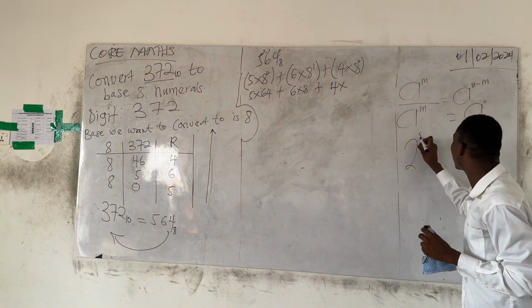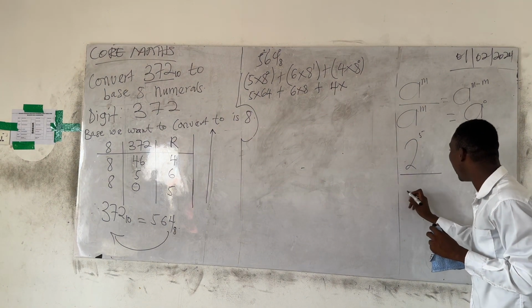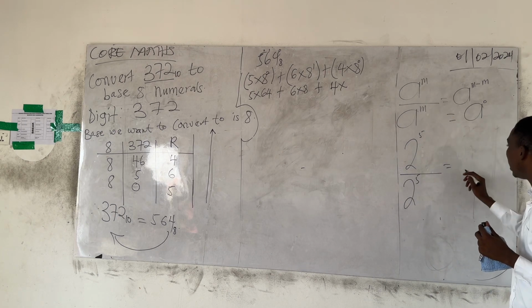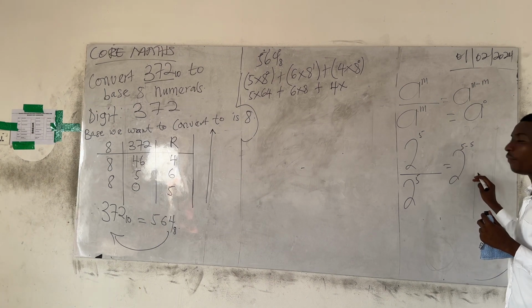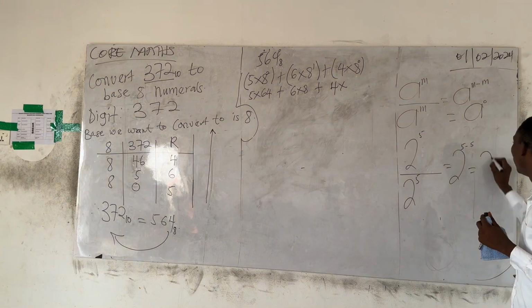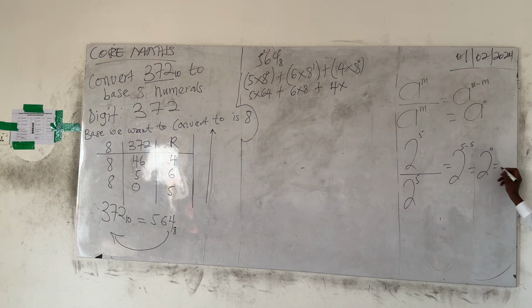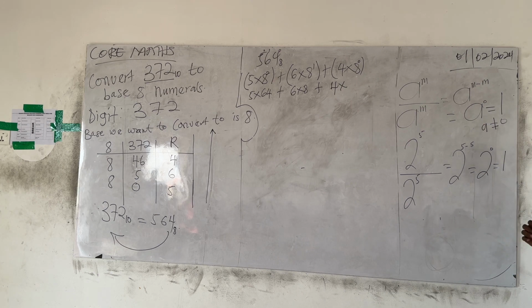If I have 2 exponent 5 and I divide it by 2 exponent 5, by applying this concept, it's the same as 2 exponent 5 minus what? 5. And this is giving me 2 exponent what? 0. And we key this into the calculator. What was the result? 1. Then we can conclude that a to the power 0 is equal to 1 if the value of a here is not 0.